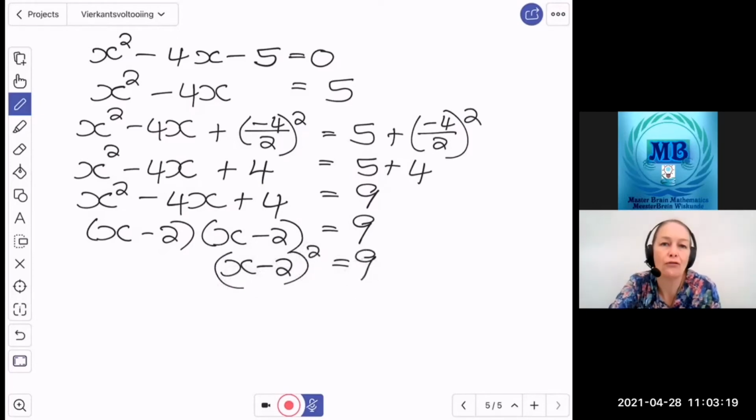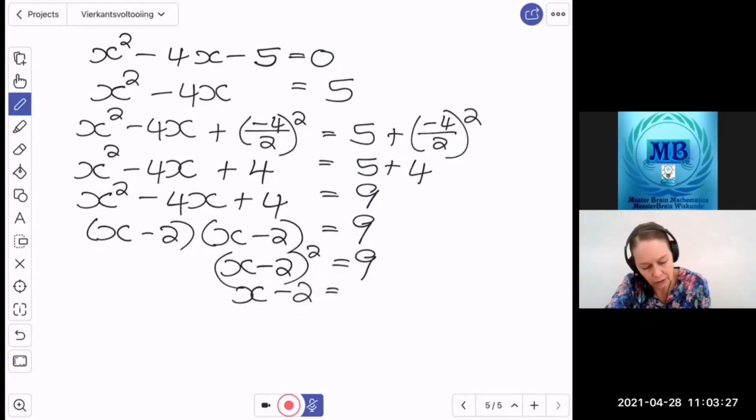Now we have to solve for x, meaning we will take the square root on both sides. So we will have x minus 2 equal to plus or minus, which is important to remember when we work with quadratic equations, the square root of 9, which is either +3 or -3.